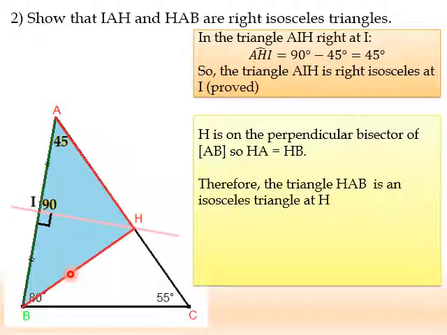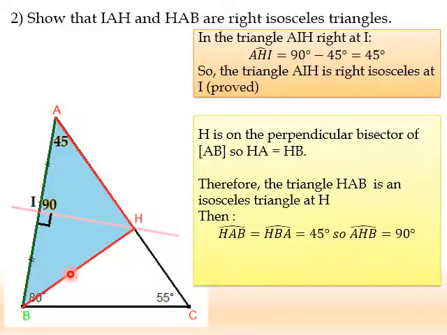I have to prove it's a right isosceles triangle, so I have to prove that AHB equals 90 degrees. How? Since we have two equal sides in an isosceles triangle, the base angles should be equal: HAB equals ABH equals 45 degrees. What about angle AHB?